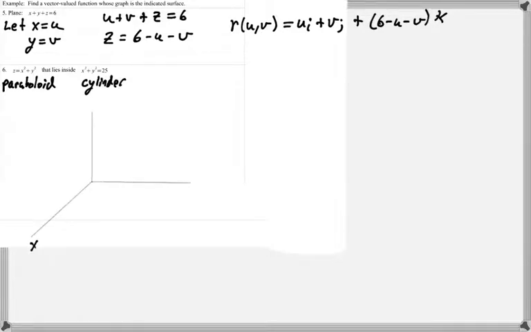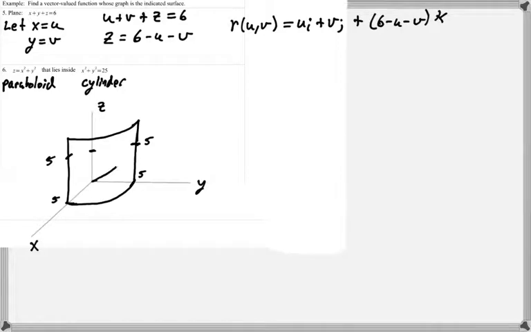So we'll go ahead and draw a little bit of that. So first we'll draw our circle. Well, I'm going to just draw what's in the first octant here. Okay, so there's your cylinder. And then we have our paraboloid. It's going to look something like that.